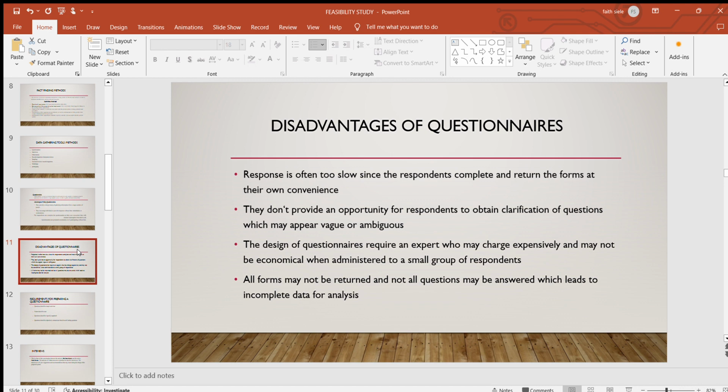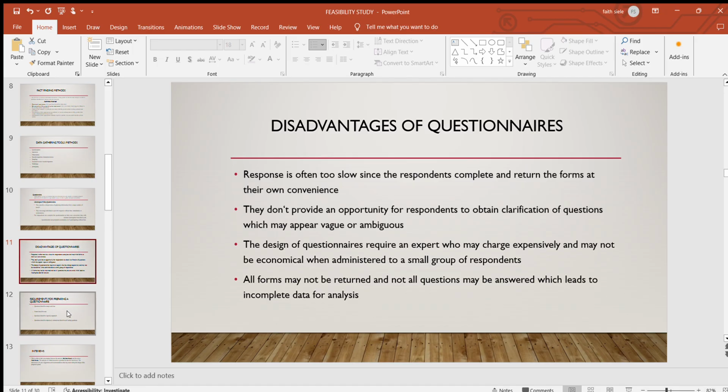So this leads to having biased results. Then also it brings about a limitation to collecting data on specific topics or variables.